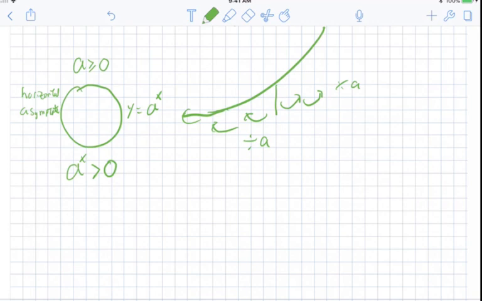So to graph it, I just need to figure out where 2 points are. The point where y is equal to 1 and the point where y is equal to a. And those are the ones where the input is equal to 0, or where the input to the exponential function is equal to 1, respectively. Once I know where those 2 points are, I can sketch my graph.